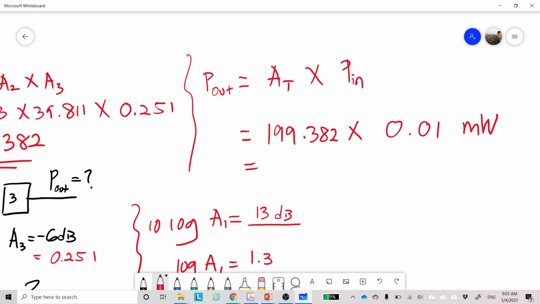So you will get the value. 199.382 multiplied with 0.01, you akan dapat 1.9938, so 1.99.